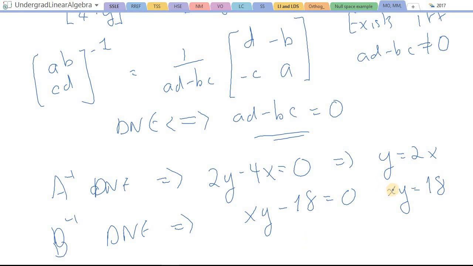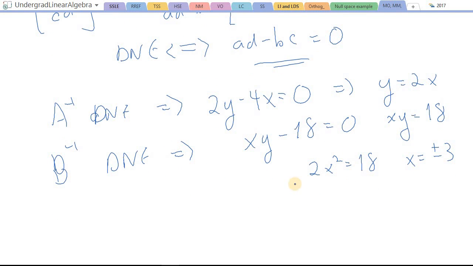That gives me x times 2x, or 2x squared, equals 18. So that tells me x equals plus or minus 3. And then y equals 2x means y equals plus or minus 6.